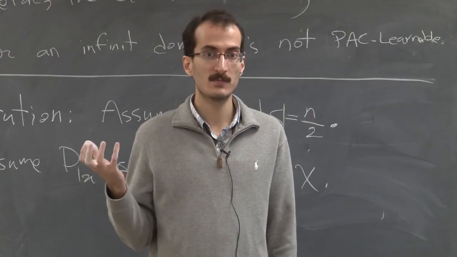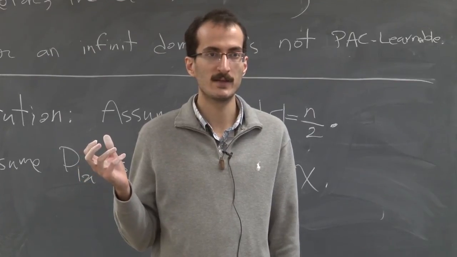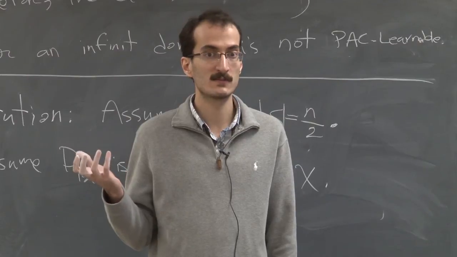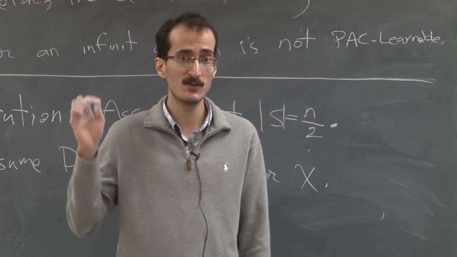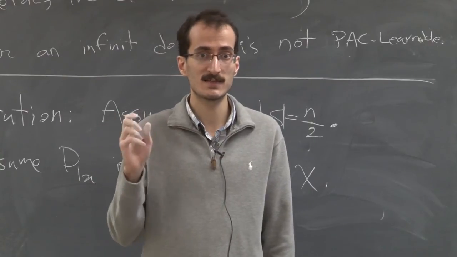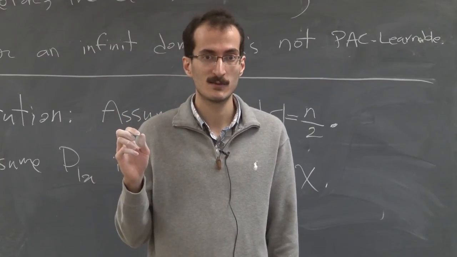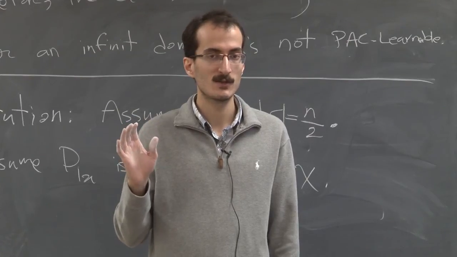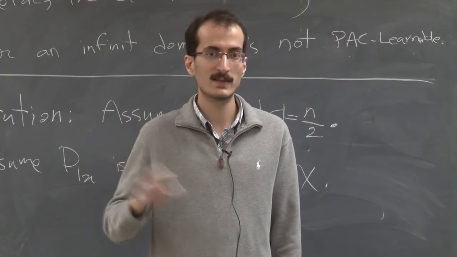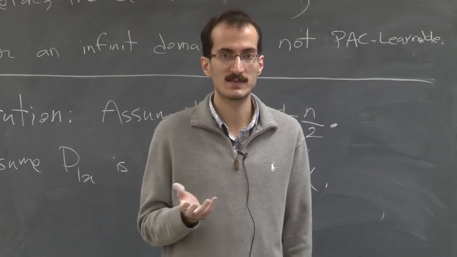The Bayes optimal classifier will have non-zero error. It will have error 0.5, which means that even if we know the exact distribution that is generating the labeled data, we cannot do better than random guessing in that case.